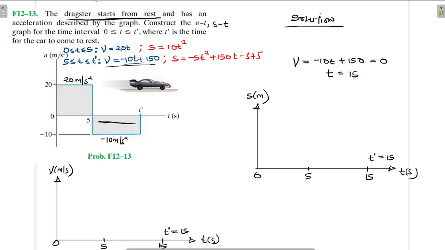So let's start the plotting right now. V in the interval 0 to 5 is just a linear function, so it will be something like that.